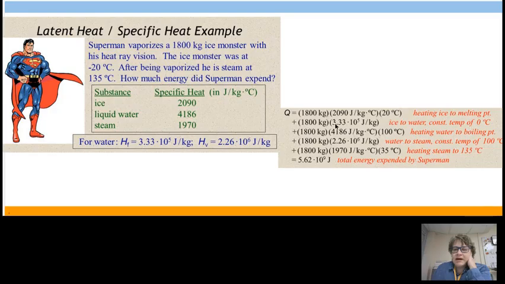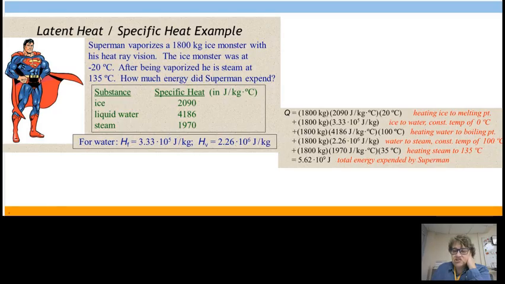The next step is to go from water to the boiling point. Raise the temperature of the water to the boiling point. So that's where we're going to use our specific heat of water, and our temperature is going to go from 0 to 100 degrees. The next step is changing all of the water into steam.